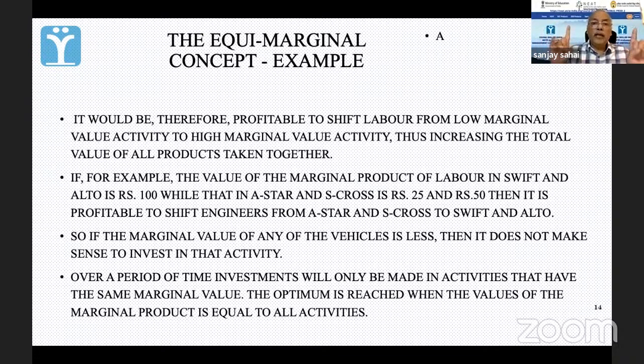So basically what happens is, over a period of time, the deployment of these engineers are going to be in products which will ultimately result in the same marginal increase. Because the moment you find that the increase is less in a given product, you will begin to feel that the deployment that you made is wrong.